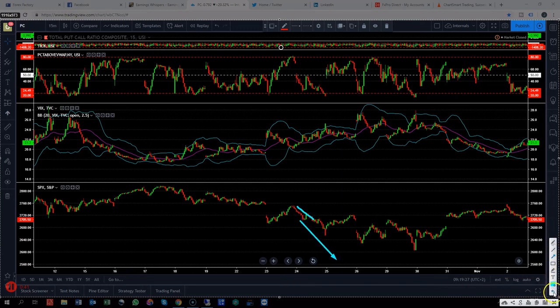Well, what the VIX tells us is that when we get up here, we're not really interested in following this trend any further down. At this point, we want to be taking profits, closing down our short trades. And the last thing on earth we want to do is be looking to go short anywhere in this region as we approach these Bollinger Bands up here.